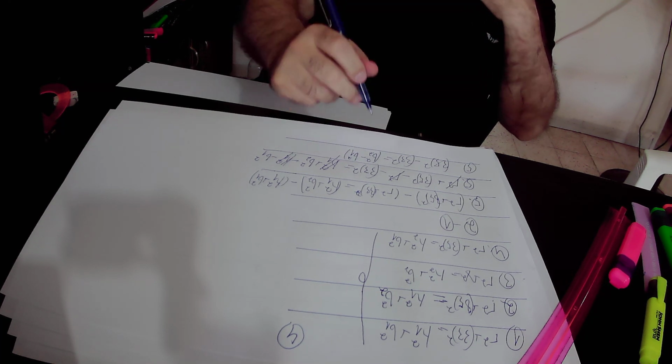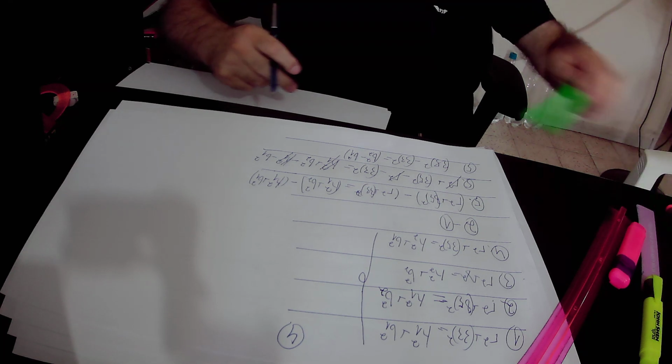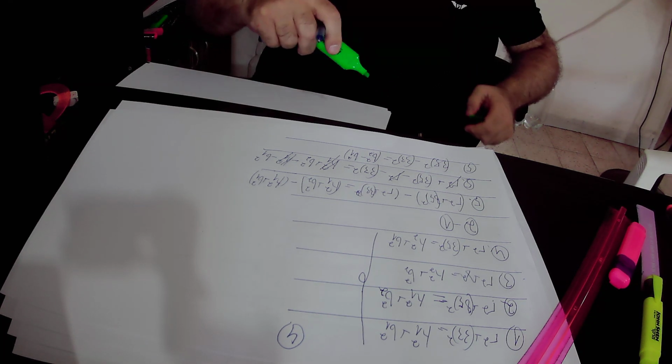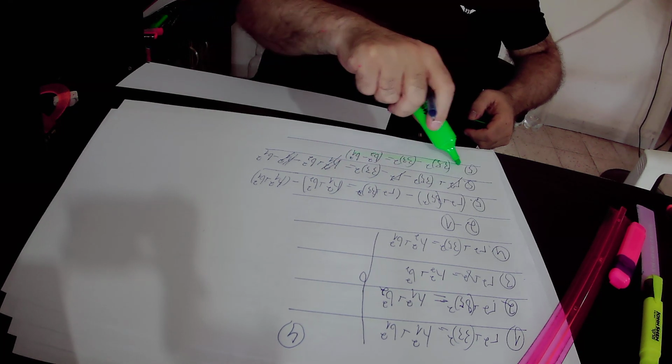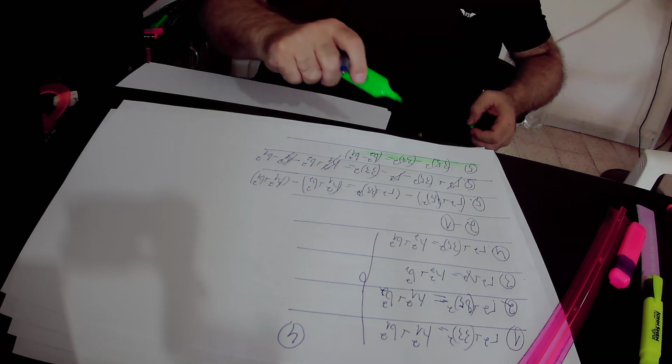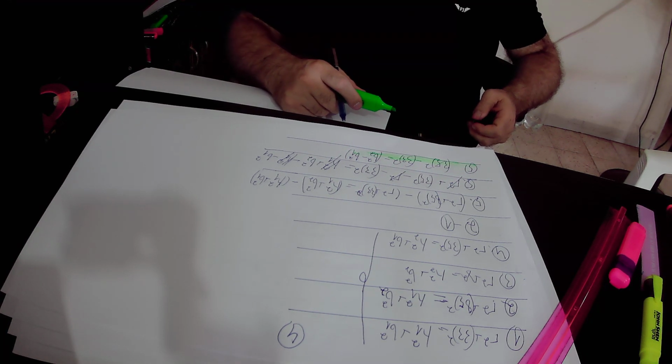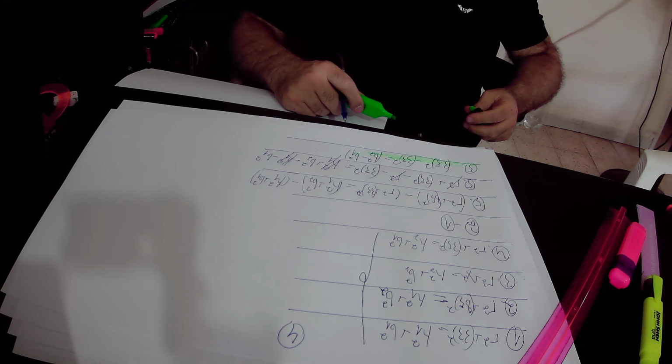So according to equation number 5, we found out that 85 square minus 33 square equals B2 square minus B1 square.